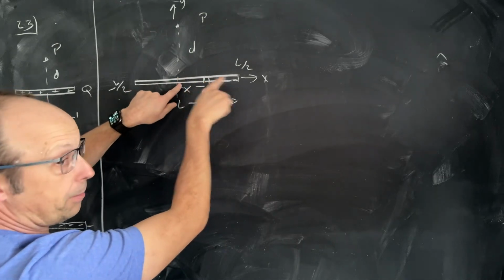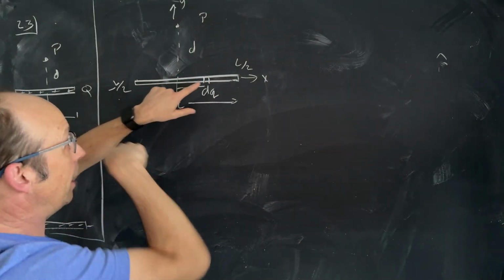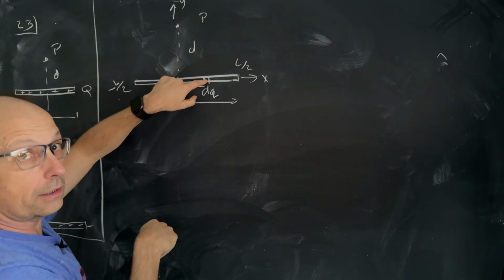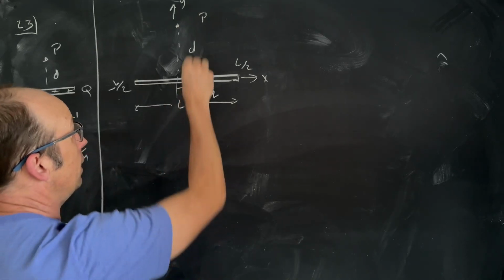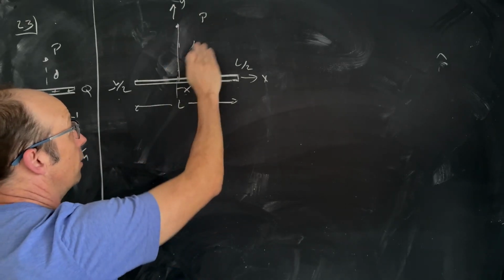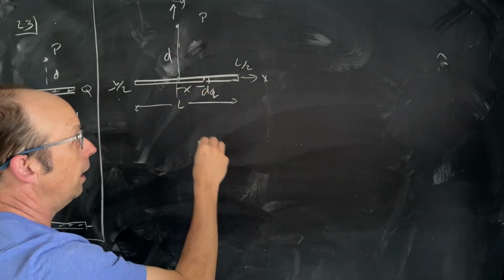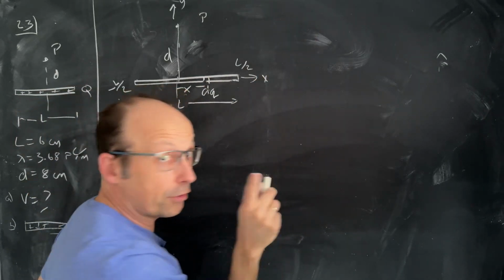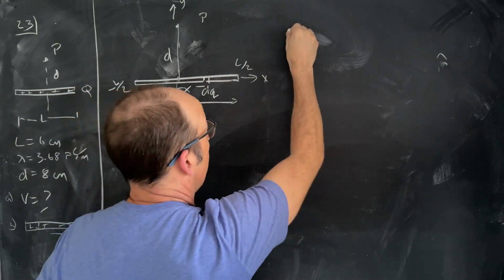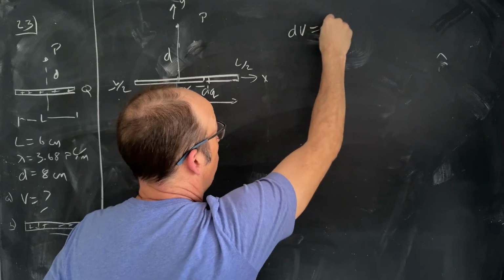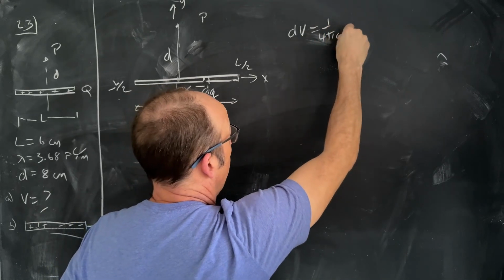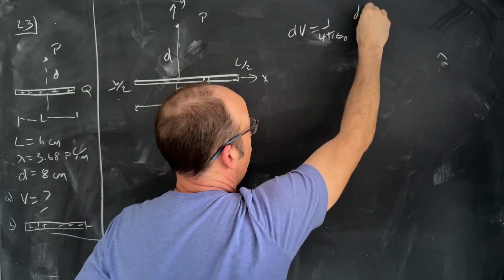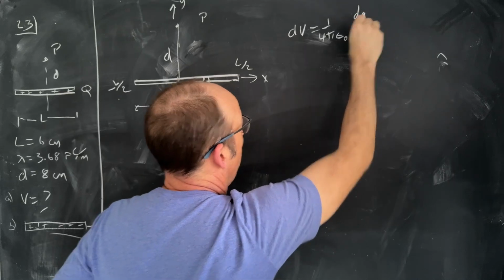So I can pick any point along my rod and pick out a point, and I call it dq, and it has a position x. And that's the distance d right there. If I want my potential due to just that one point, with respect to infinity, I can call that dV is 1 over 4 pi epsilon naught dq over r.